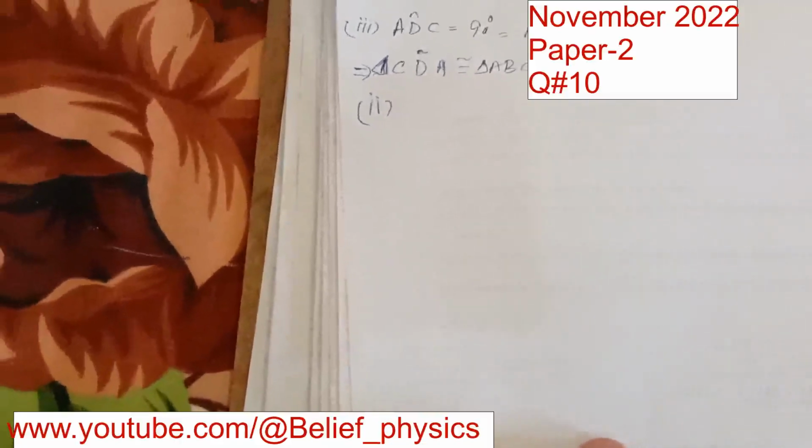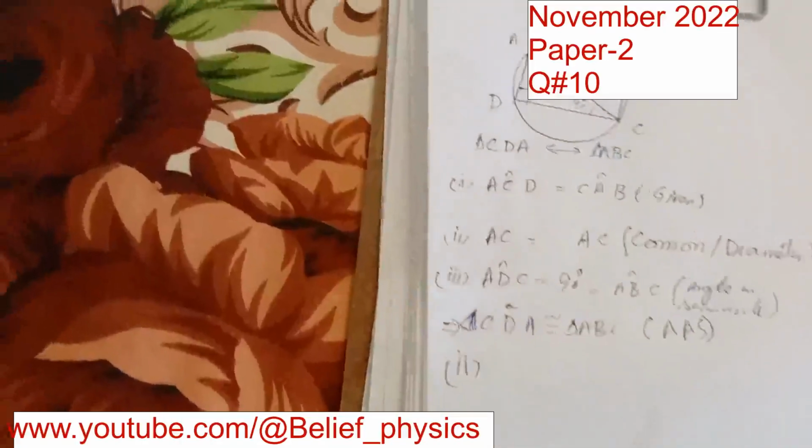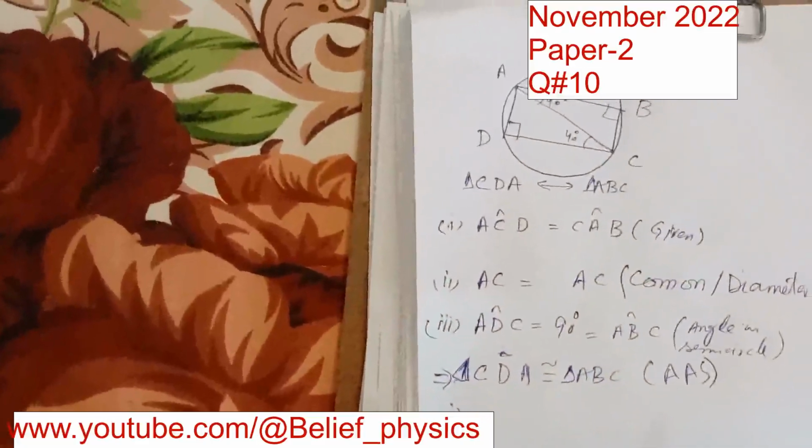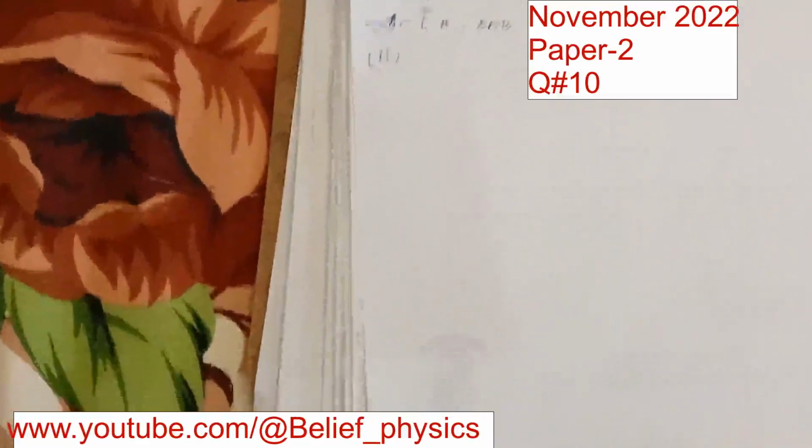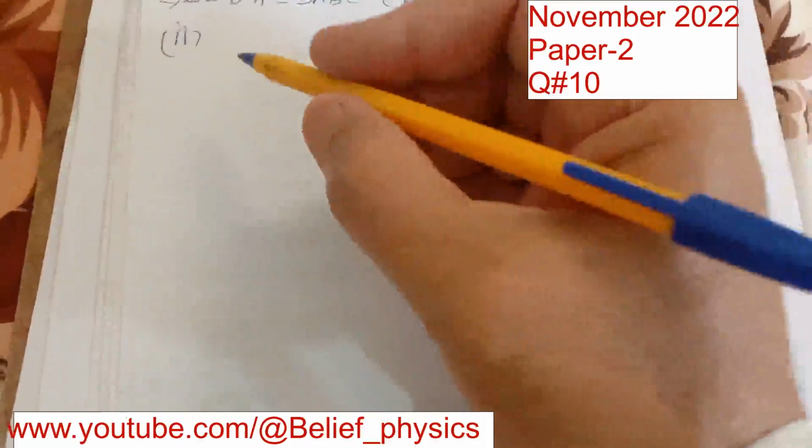ABCD is a quadrilateral. Now it is very easy to show. In the start I told you that since the alternate angles are equal, these lines are parallel. So we use that property here.